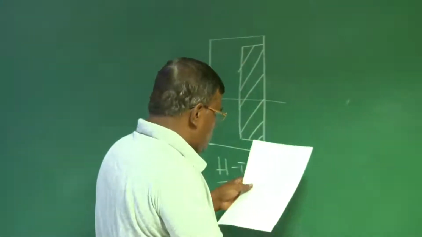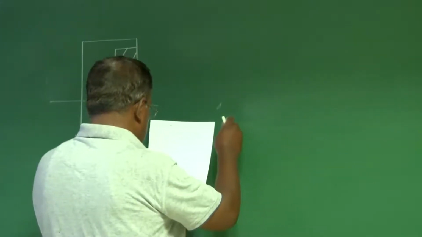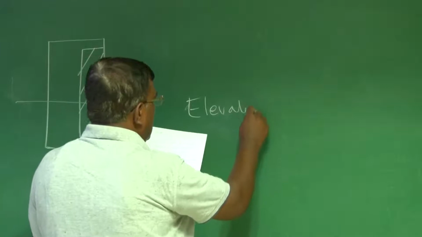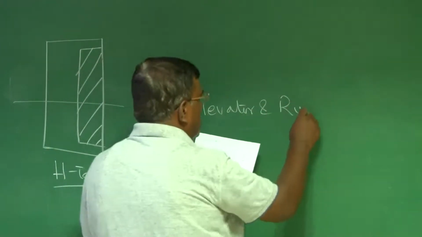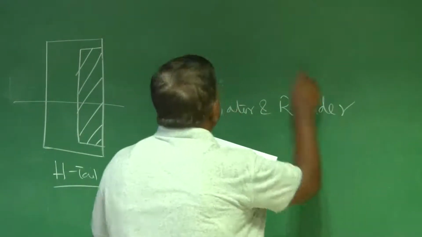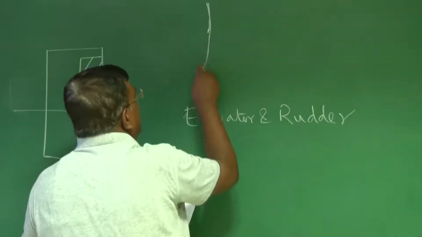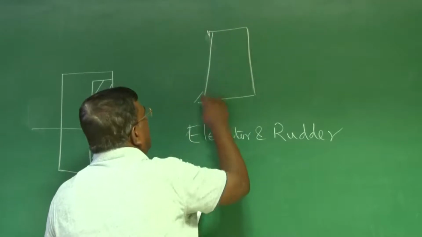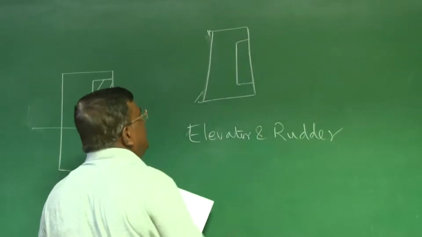You will find for most of these airplanes, this elevator and rudder, you understand, if this is the vertical tail, you have a rudder somewhere here.